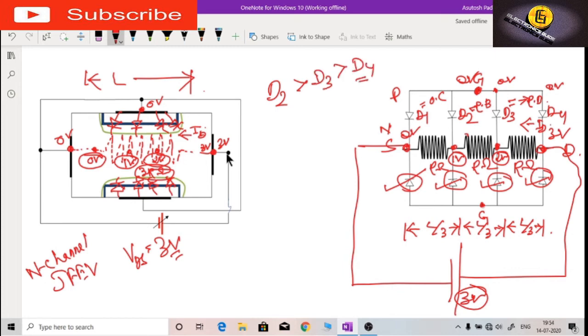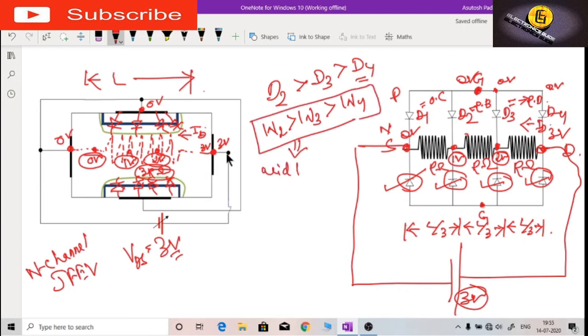That means the width of the depletion region of D4 is greater than D3, which is greater than D2. W1, W2, W3 and W4 are nothing but the widths of the depletion layers of the diodes respectively.